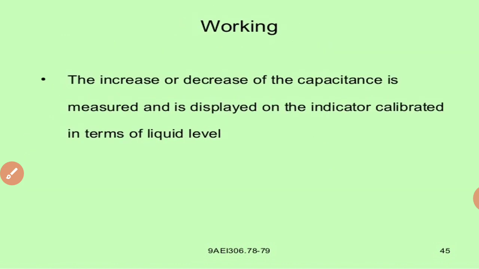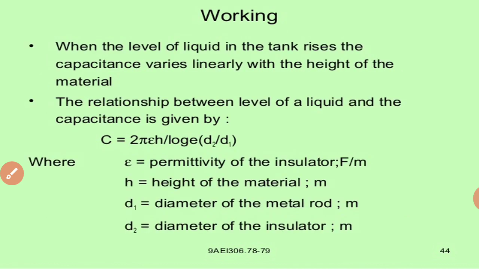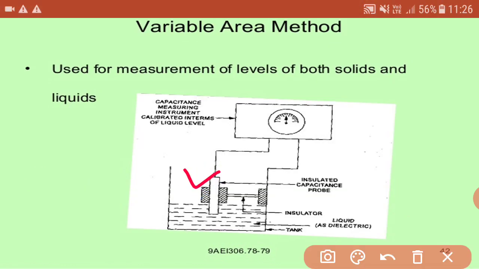Here we can see this rod is considered as one plate of the capacitor and the container, which is electrically conducting material, is taken as the second plate of the capacitor.